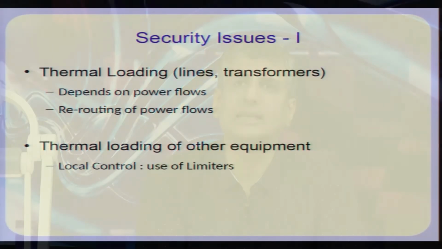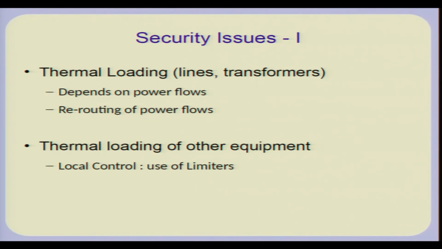There are several constraints of system operation. In fact, there are thermal loading limits of transmission lines and transformers, and this depends on the power flows. You could alleviate thermal overloading.